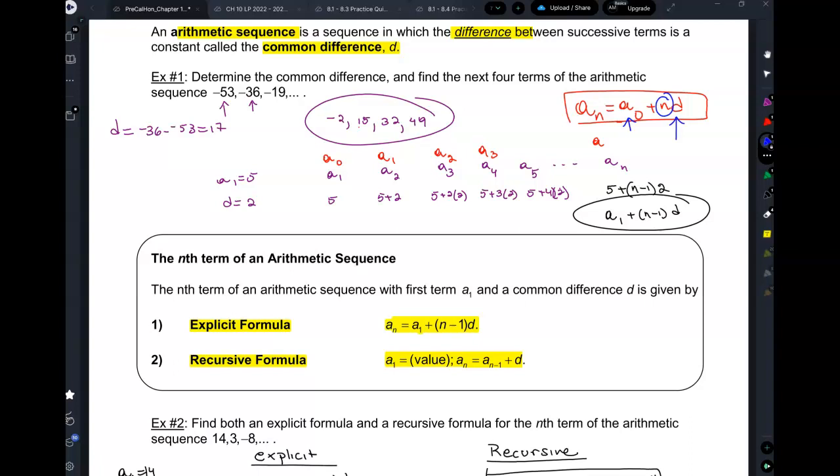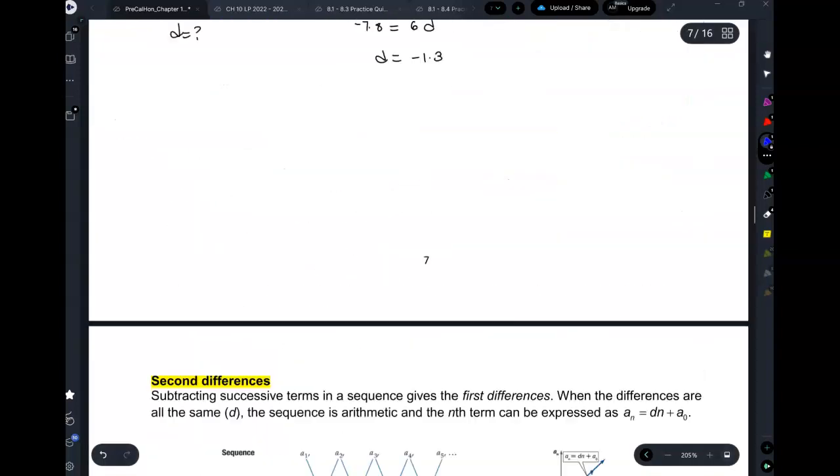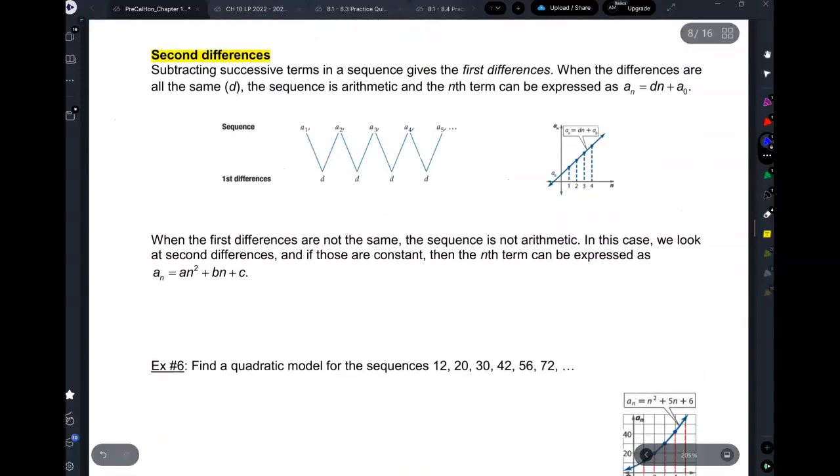Going back up here, that's the formula over there. So when you graph those, you get a linear function. When n is 0, you get a 5. When n is 1, you get 7. When n is 2, you get 9, and so on and so forth.